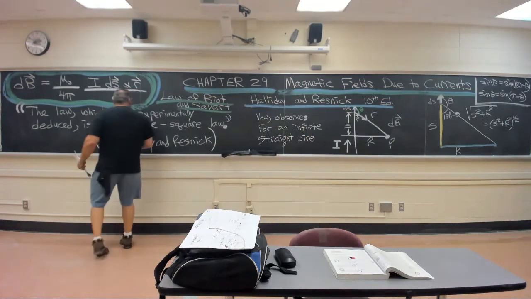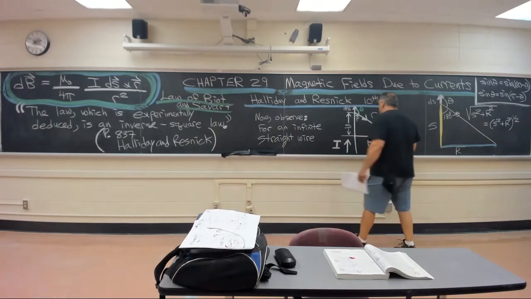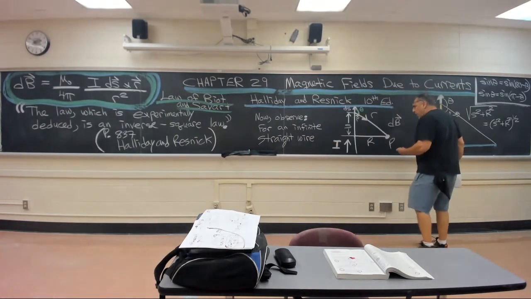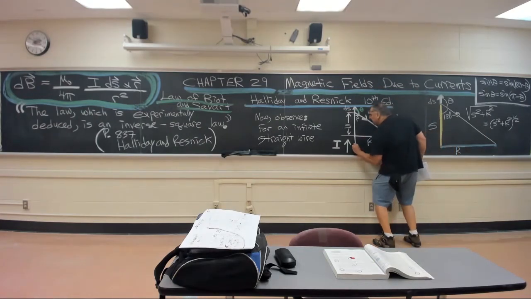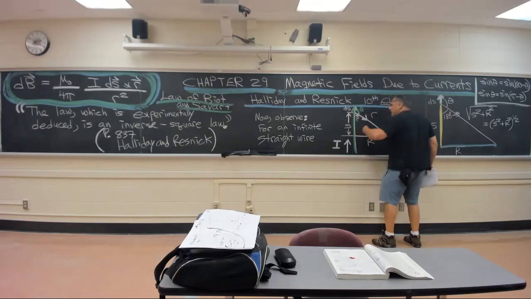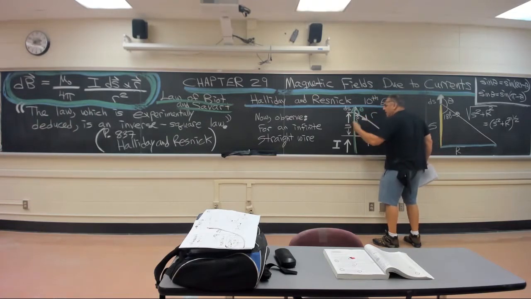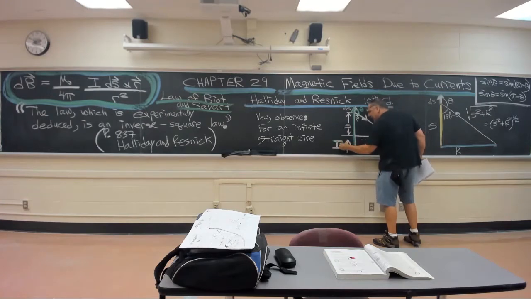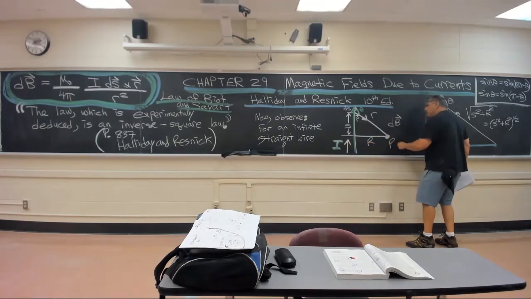based on what I said earlier, maybe it's easier if we look at a couple things first. If there was current flowing this way on an infinitely long wire carrying current I right here, what is the B field here?